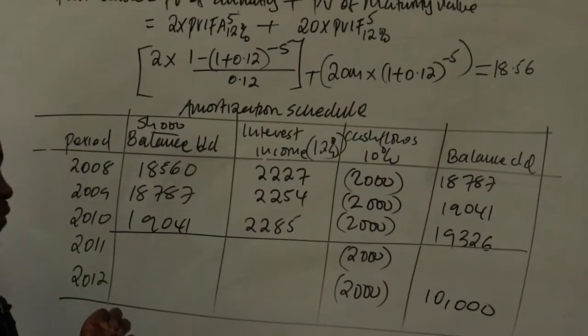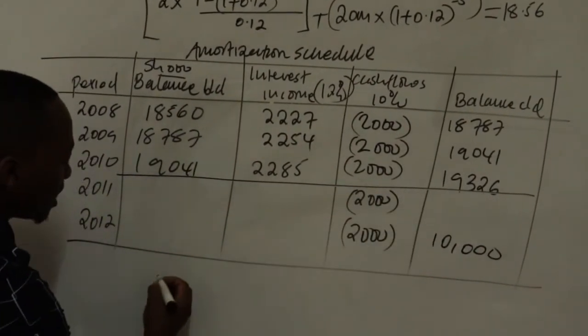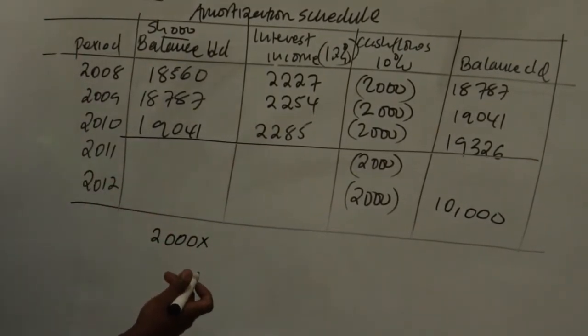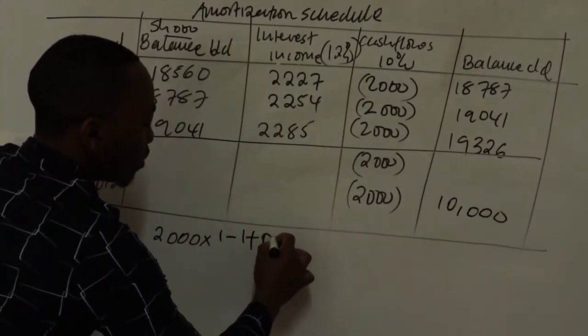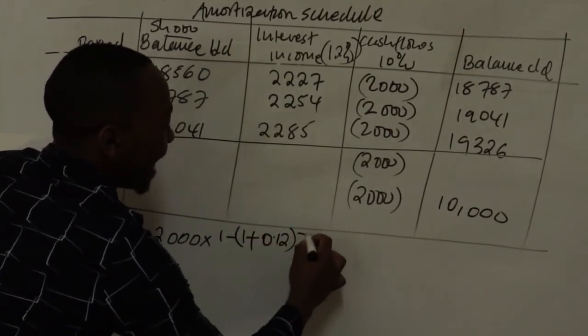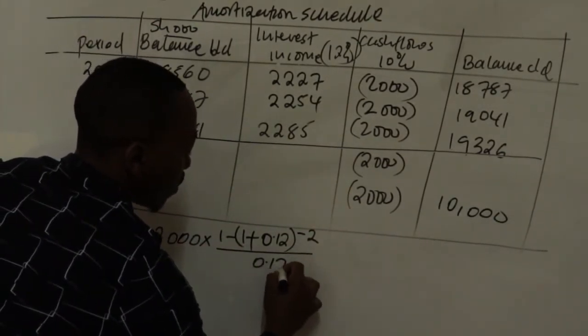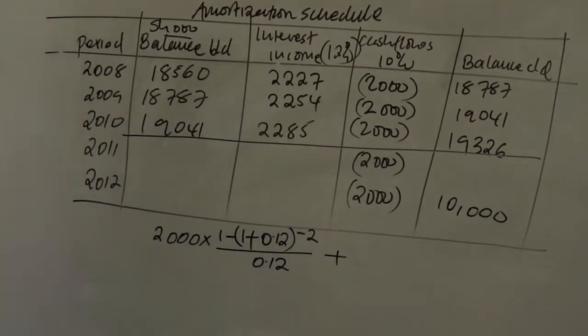You take the present value of an annuity, of which you'll receive the 2 million for the remaining 2 years. So you'll take 2 million for the next 2 years: 1 minus (1 plus 0.12) raised to negative 2, divided by 0.12, plus the present value of the maturity value.